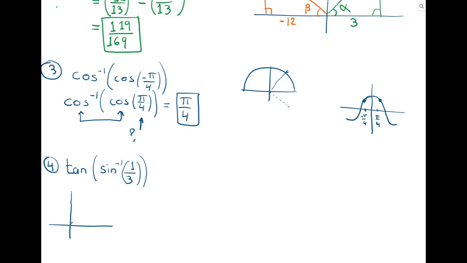And I'm going to have that in quadrant 1. And I'm going to say, okay, this is going to be 1 over 3, the sine of 1 over 3, so that would be opposite over hypotenuse, which tells me that down here I would have the square root of 3 squared plus 1 squared, which is really the square root of 10.